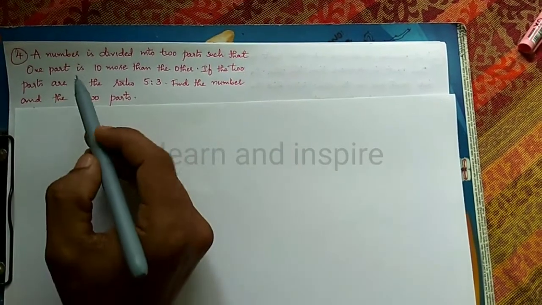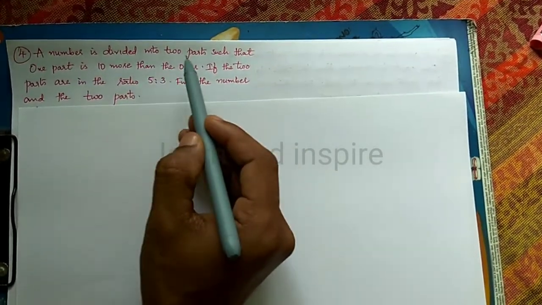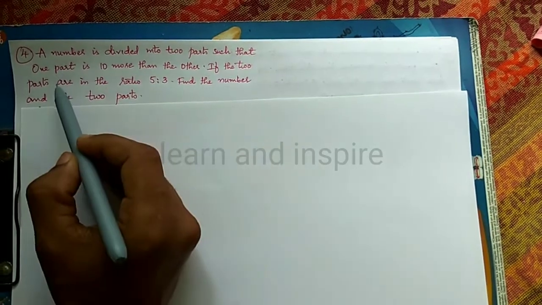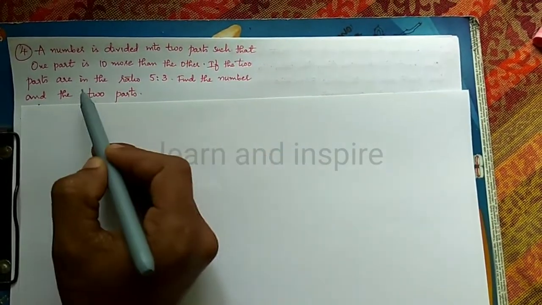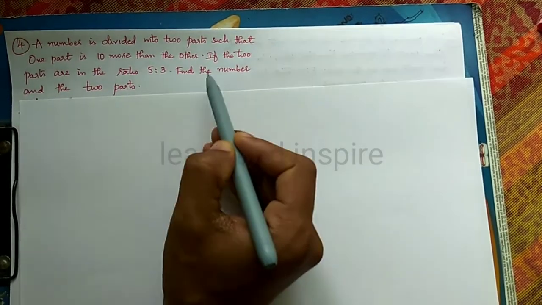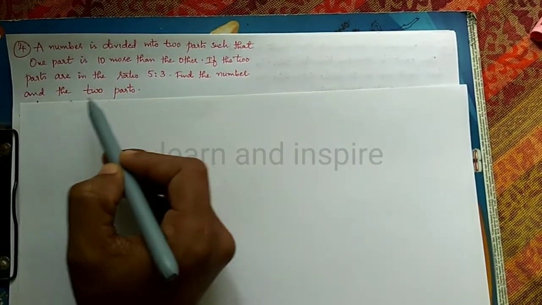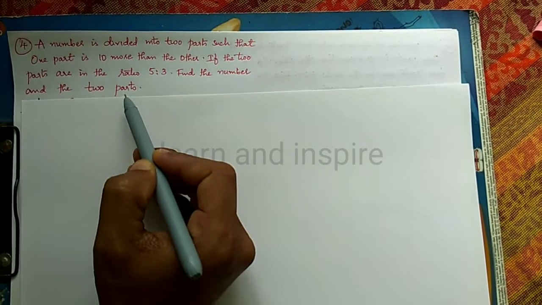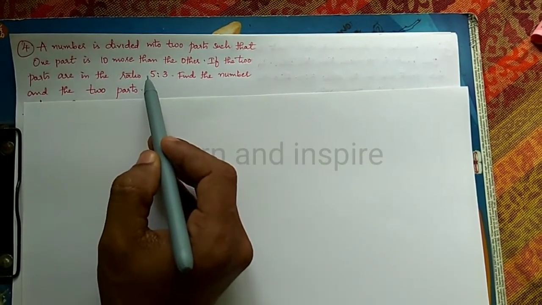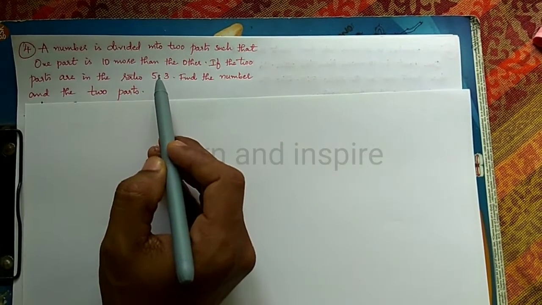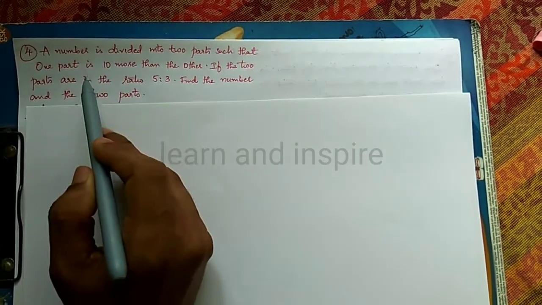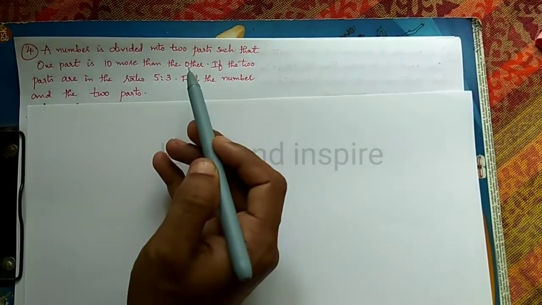Next, question number 4. A number is divided in two parts such that one part is 10 more than the other. If the two parts are in the ratio 5:3, find the number and the given two parts. So the given ratio is 5:3, that means the number is divided in the ratio 5:3, and of the two parts, one part is 10 more than the other.